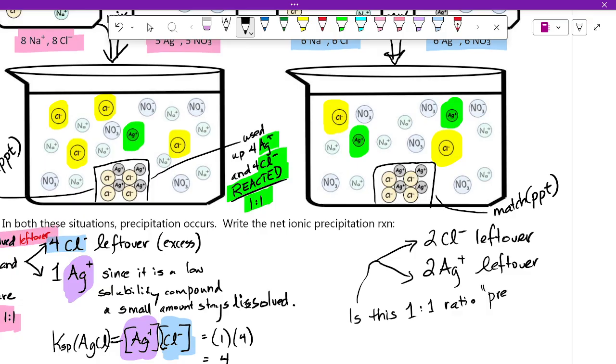The word that comes to my mind is preordained. Do you know what I mean? It's like that's how it has to be, you know? Or is it coincidence, based on the concentrations we used?